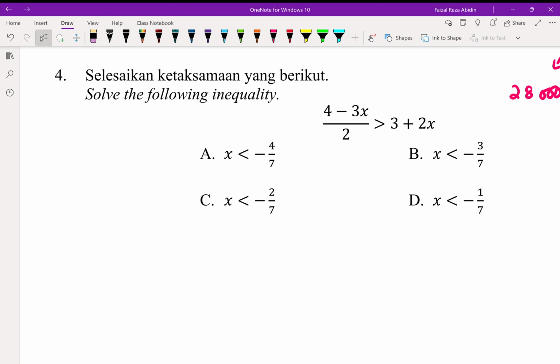First thing first, if you have a fraction, in any linear equation, this one linear inequality, whenever you have a fraction, you are going to make it into only an equation. Kalau ada pecahan, tu ada pecahan kan? Kita nak hilangkan pecahan tu. So how to make the fraction disappear? Bawa naik atas. You are going to times the left side here with 2.